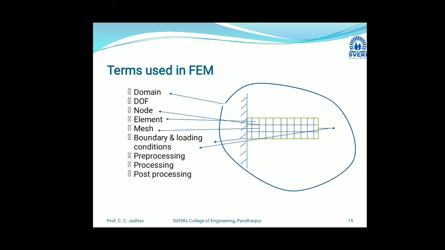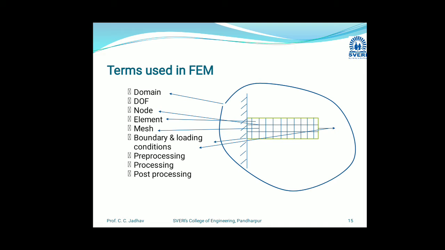Now you can see one figure here. In that, there is a stepped bar, fixed on one side and hanging on the other. On one side we are applying a force and on the other side we are applying a fixed boundary condition, and we can see we are dividing this bar into small parts, which are called elements, connected through the different nodes.